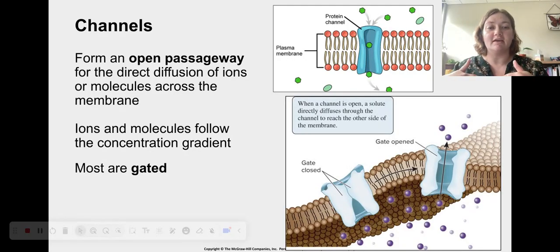It can close the gate and prohibit passageway. When the gate is open then, right, it stays open and acts just like this channel protein up above, right? The molecules will go through, again, areas of high concentration to areas of low concentration, right? So channels, they are passageways.